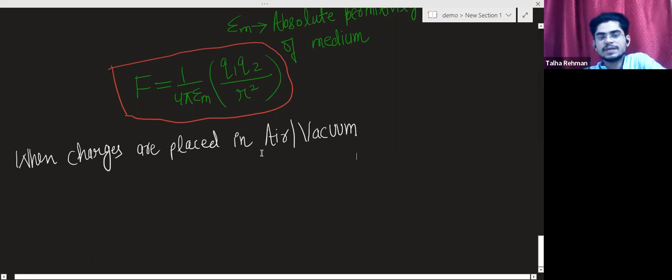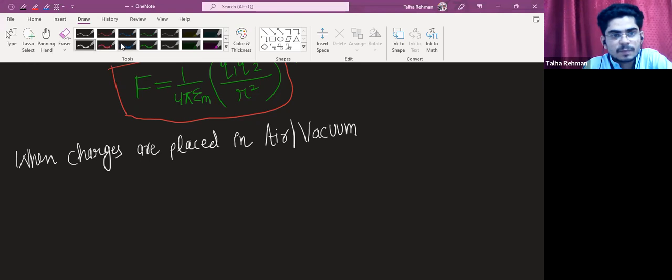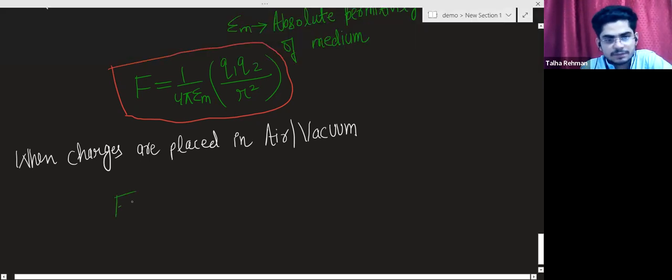When charges are placed in air or vacuum, the value of this force, and this is the special case and this formula will be used very much, is 1 upon 4 pi epsilon naught, q1 into q2 divided by r square.